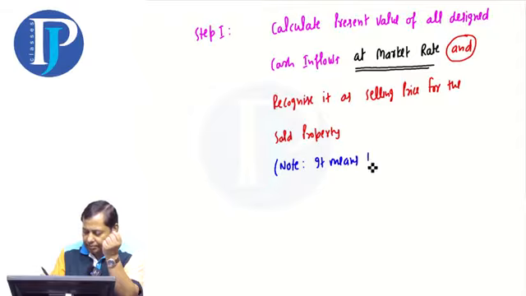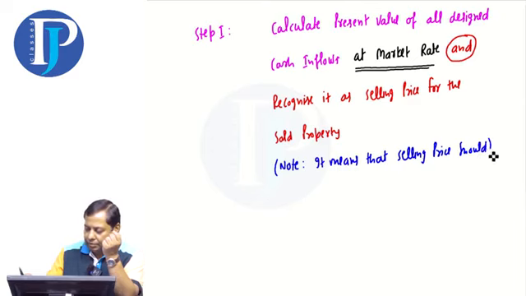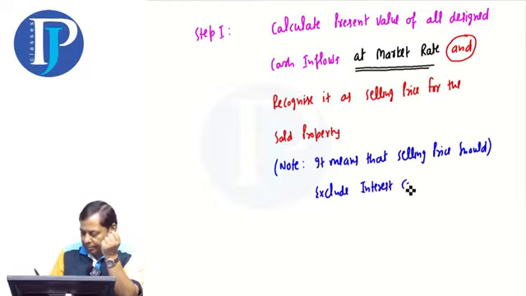It means that selling price should exclude the interest component.